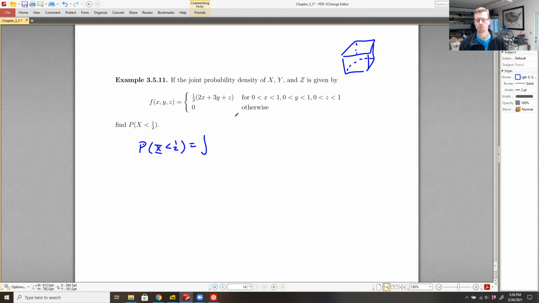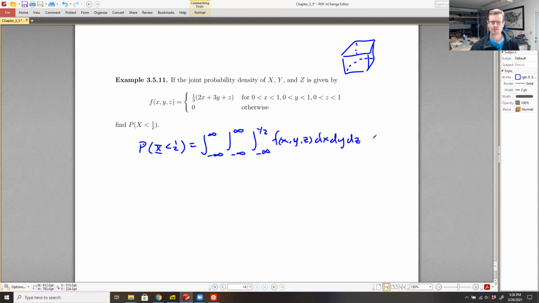Since it doesn't matter what y value or z value is taken on here, I can integrate from -infinity to +infinity for z, and from -infinity to +infinity for y, and then from -infinity all the way up to 1/2 for x, because that's the one I'm actually interested in. So for that, we would integrate the function f of x, y, z. Integrate with respect to x, then y, then z.